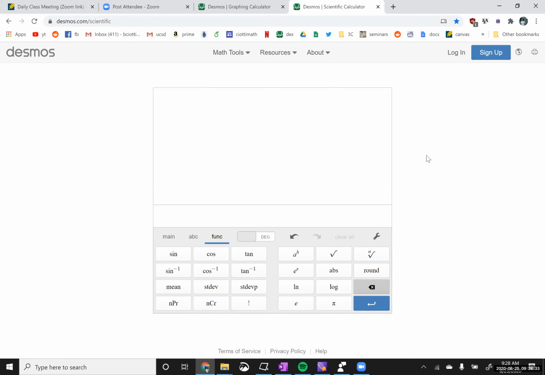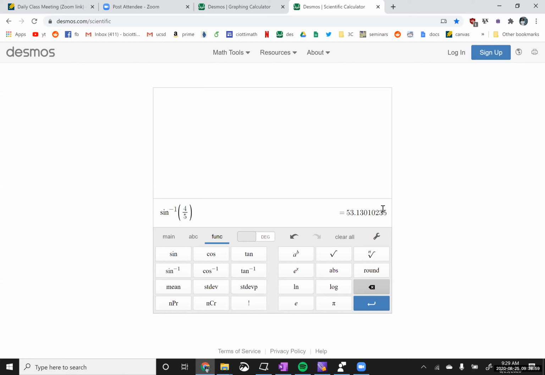And if I just plug in sine inverse of 4/5, I get 53.13. Notice I'm in degrees mode. If I wanted it in radians, it would be 0.927, but I'll leave it in degrees mode.